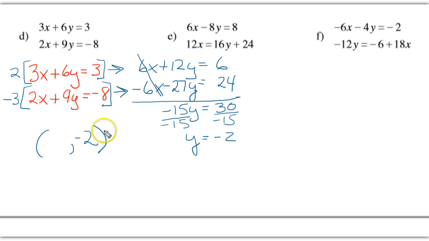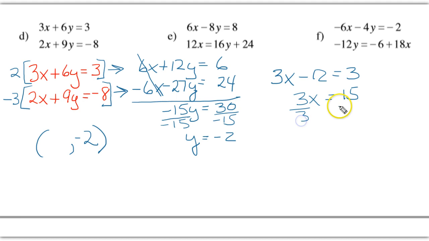Now, how do I get what x is? Well, I can use my original equation up here, 3x. Now I know y is a negative 2, so 6 times negative 2 will be a negative 12, equals 3. So I get 3x equals 15. As I transpose that, it becomes a positive 12.